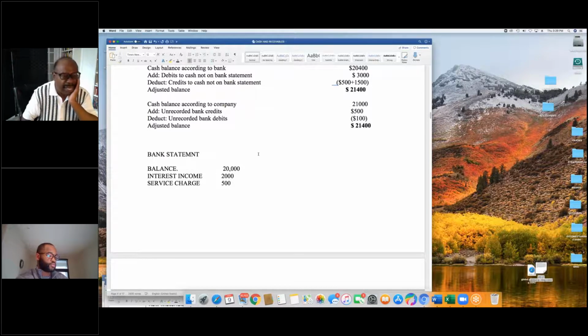So you get the bank statement, the balance it has is 20,000. Before it comes to you, before they mail it out, they make these adjustments. They add 2,000 for interest, they deduct service charges of 500.